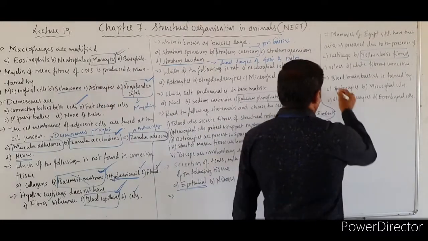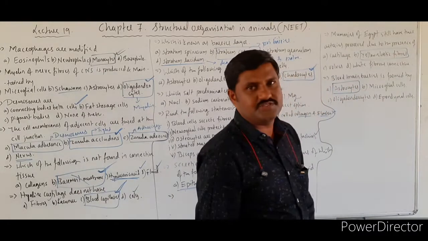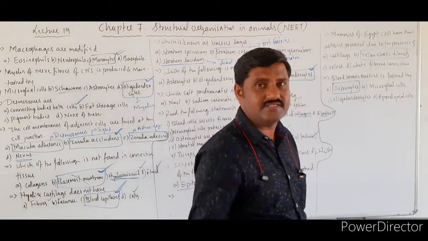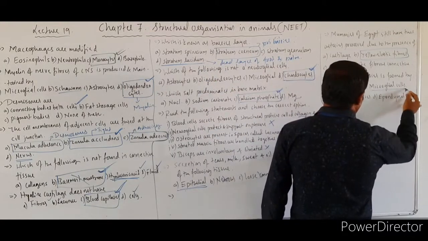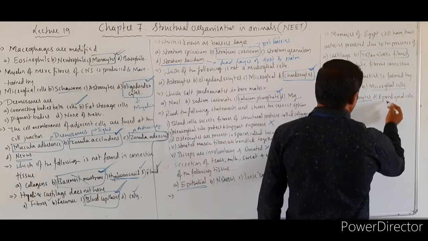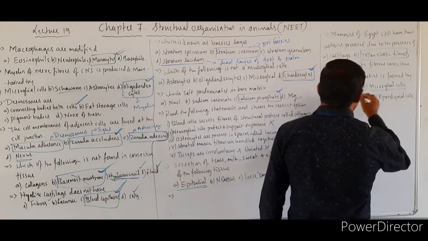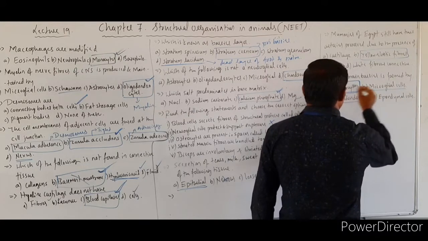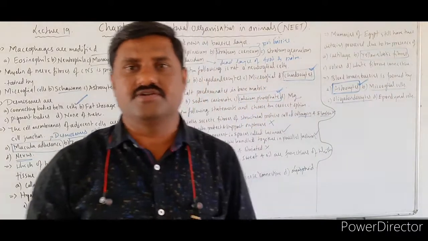They are astrocytes, right? Astrocytes are protective in nature. In theory we have studied that. Microglial cells as well as oligodendrocytes, ependymal cells. So these are the specialized cells which act as the blood-brain barrier itself, right?